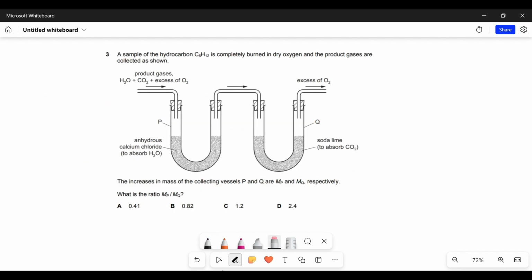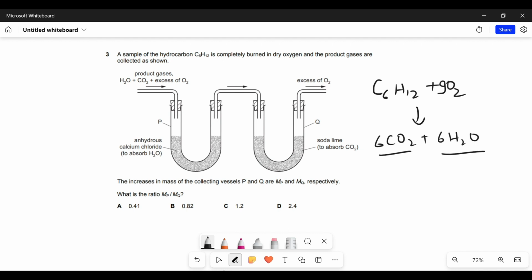Question number 3 says a sample of hydrocarbon C6H12 is completely burned in dry oxygen. If I burn C6H12 in presence of oxygen, it gives 6CO2 plus 6H2O. And if I want to balance oxygen, I'll put 9 here. That means equal number of moles of CO2 and H2O are being released.